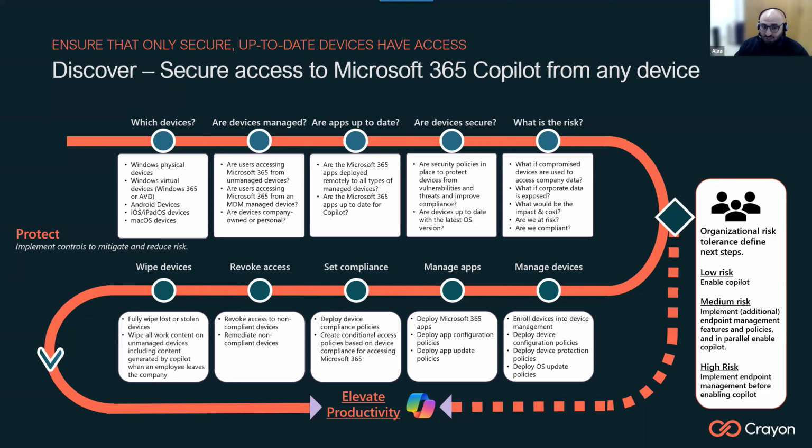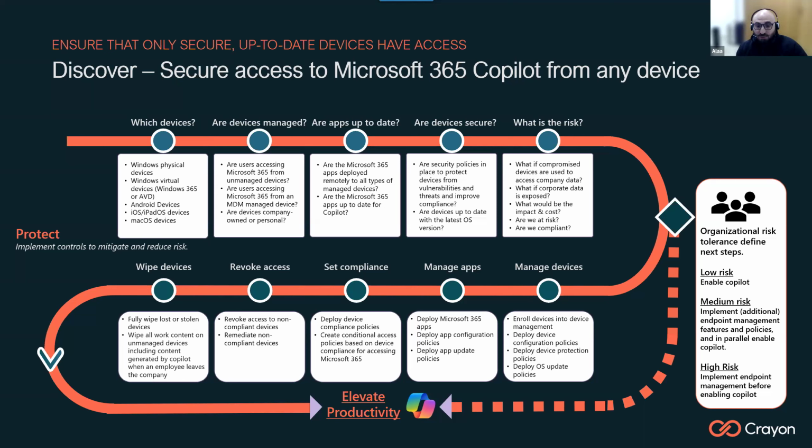Now we come to the protect phase. To mitigate and reduce risk, it is essential to implement effective controls. Start by managing devices, enroll them to an MDM solution to ensure centralized control and monitoring are in place. Deploy device configuration policies to ensure security settings, such as password requirements, encryption, screen lock.